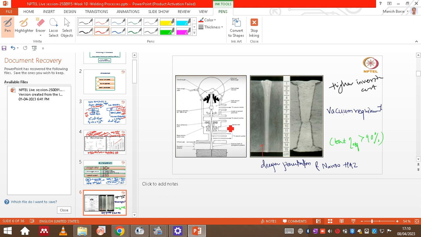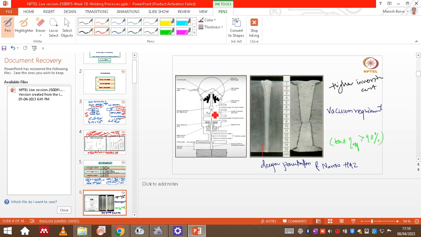Again, the basics of the process are the same: we have an electron gun and we have to supply power. The electron gun can be the cathode here, and it will emit electrons by a certain principle, as we have seen in the first classes, by thermionic or field emission method, right?